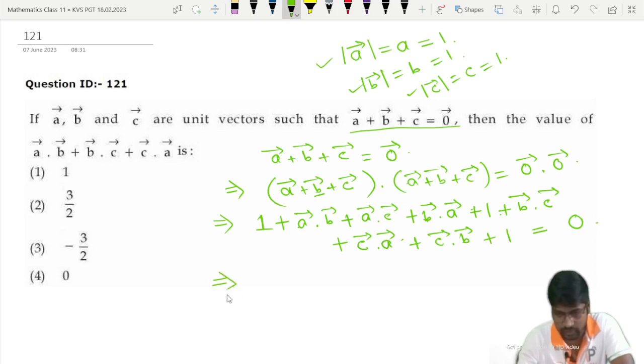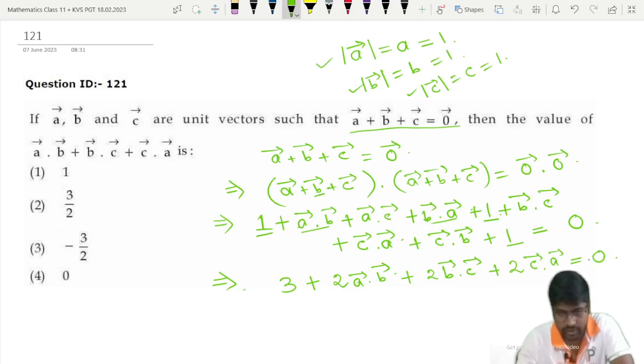So what we are getting: 1 here, another 1 here, and another 1 here, so total 3 we are getting. And see here, a dot b and b dot a are the same, so we can write 2 into a dot b in place of that. In the same way we can write 2 into b dot c, and 2 into c dot a, keeping in mind that a dot b is equal to b dot a.